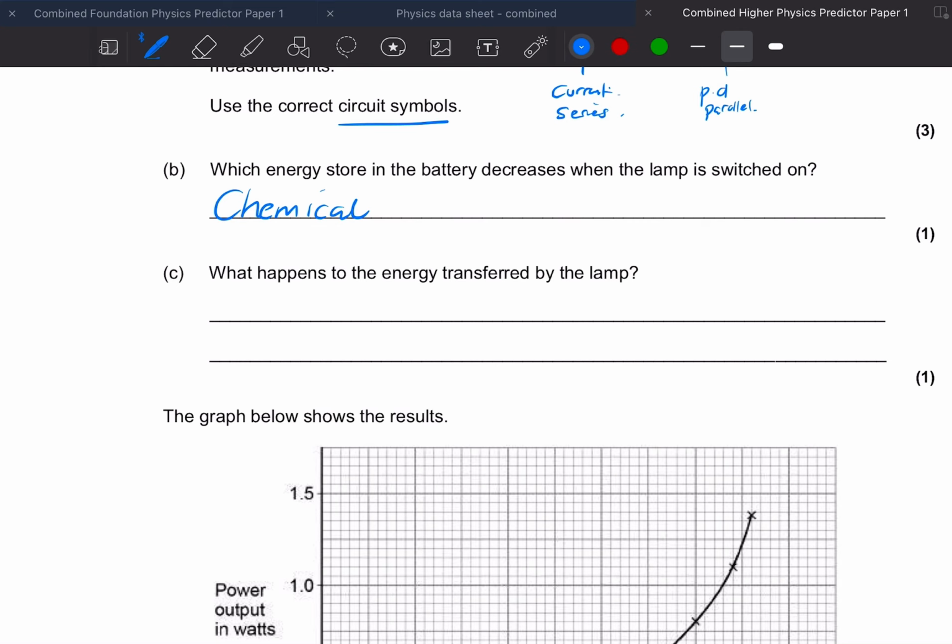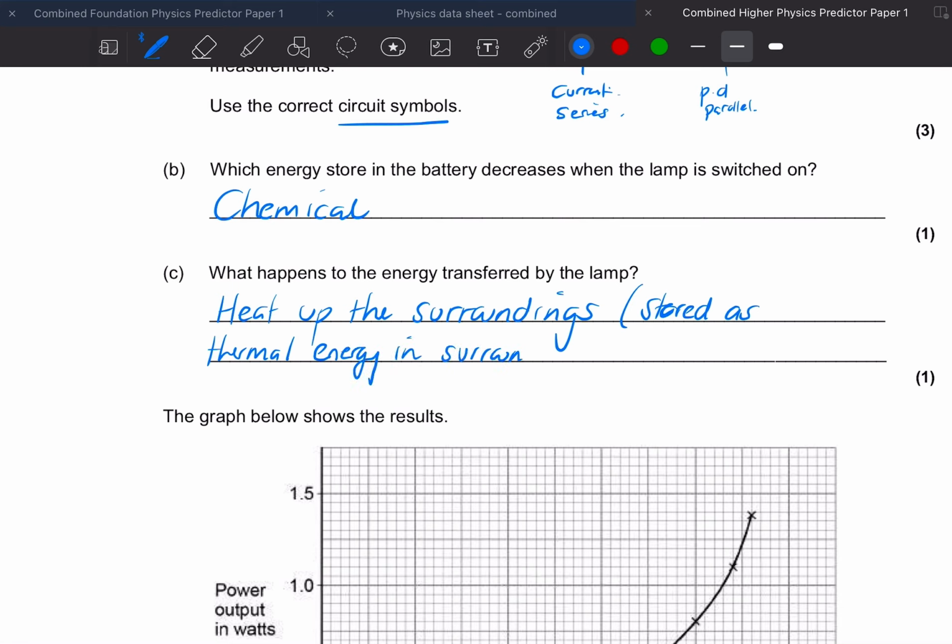Obviously, light isn't a store of energy, so what it's going to do is heat up the surroundings. And it will be stored as thermal energy in the surrounding air, and eventually it will dissipate.